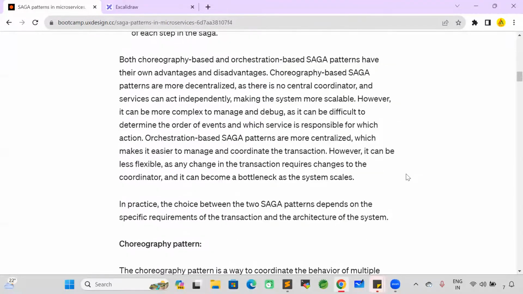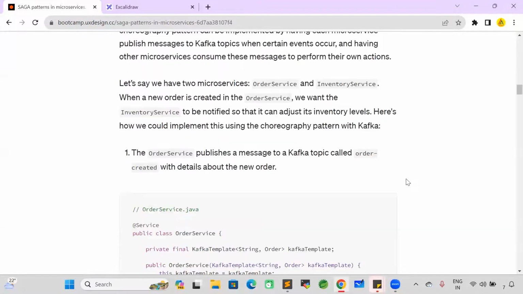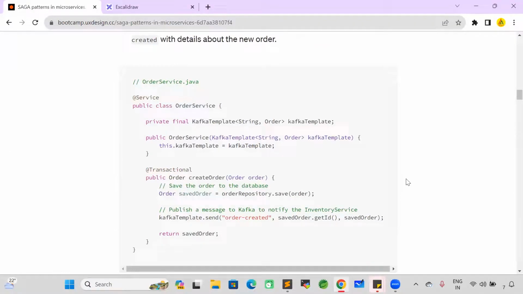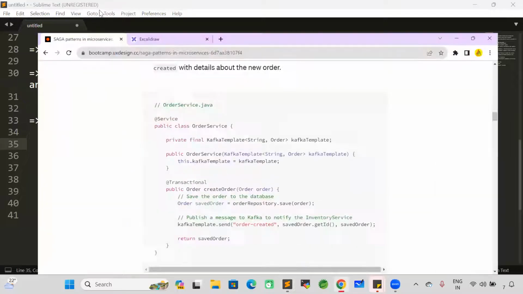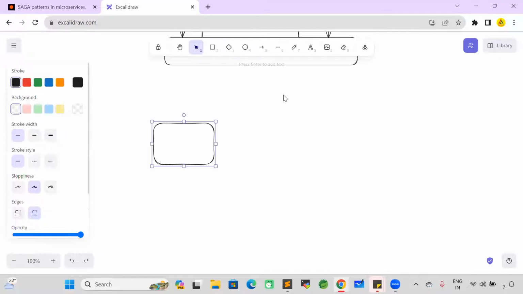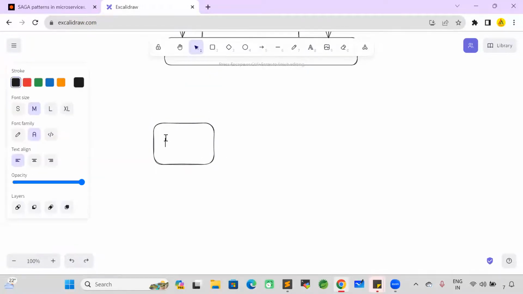Now, how is this orchestration based SAGA going to work? See here. I have the order service, as we discussed, and I have the payment service.